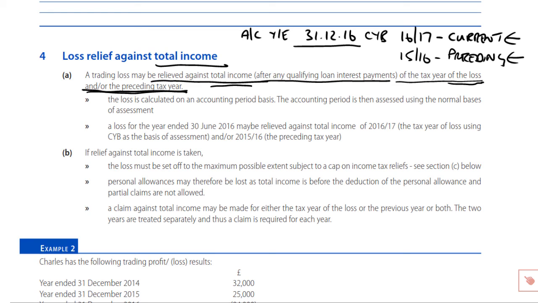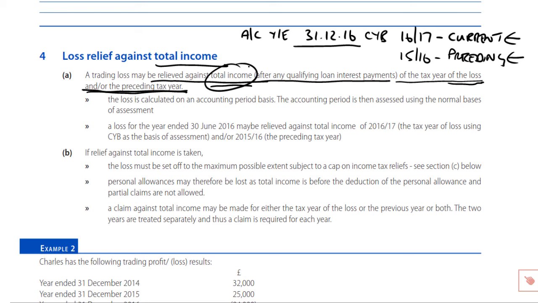And if you wish to make the claim, then, as we said, it goes against total income. Again, look back at that pro forma income tax computation at the beginning of Chapter 2. From total income, you will see a deduction of, it just says, certain loss reliefs. These are two examples of those loss reliefs, setting off your trading loss against the total income of the current tax year, the tax year of loss, and or the preceding tax year.